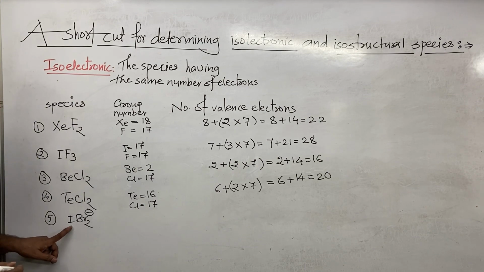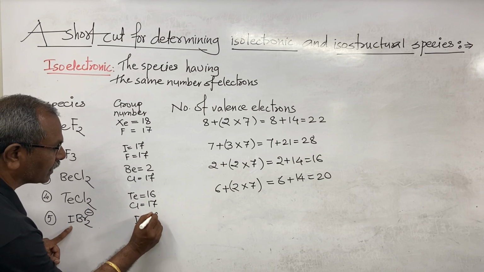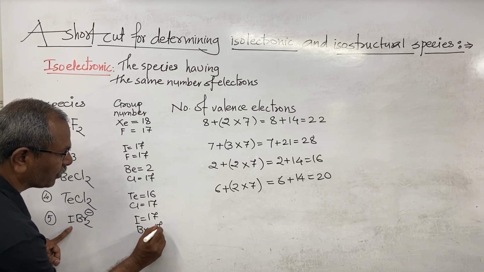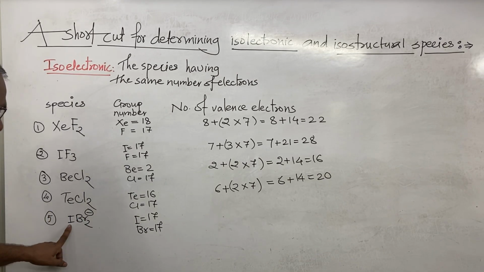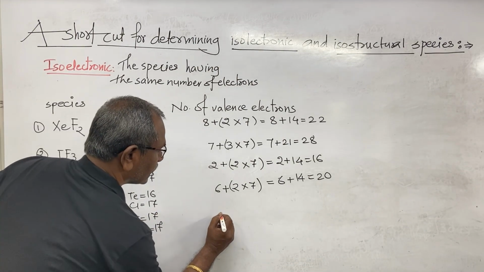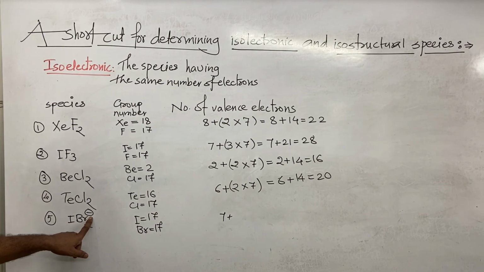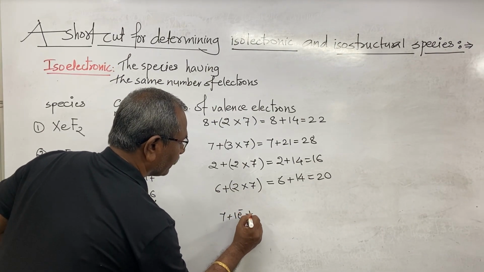Now in last case, the I belongs to group number 17 and Br also belongs to group number 17, but here it carries one negative charge. So in case of iodine there are 7 electrons but there is a one negative charge, so one electron is accepted.